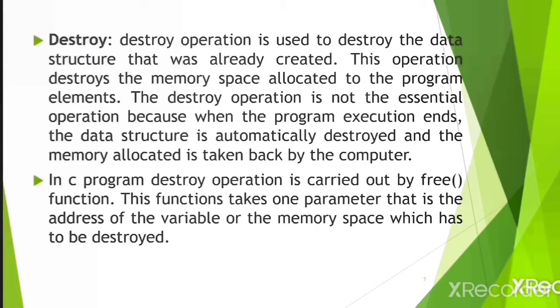To destroy that var1, we can call the free function as follows. You write free and then within the parentheses you write the name of the variable, that is var1. This statement will destroy the memory location that is allocated for the variable var1.